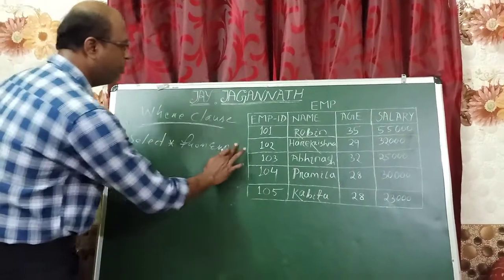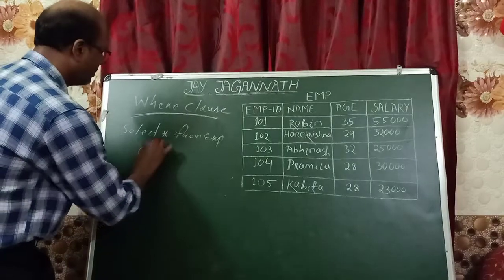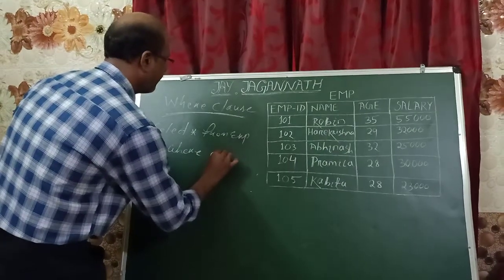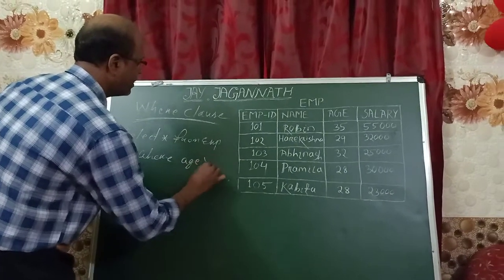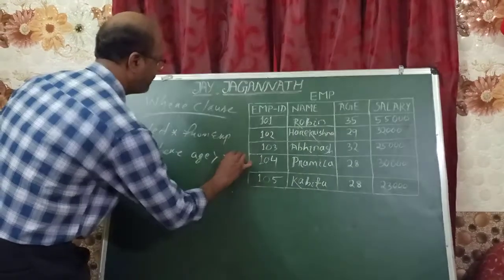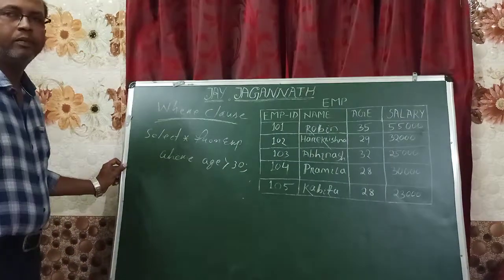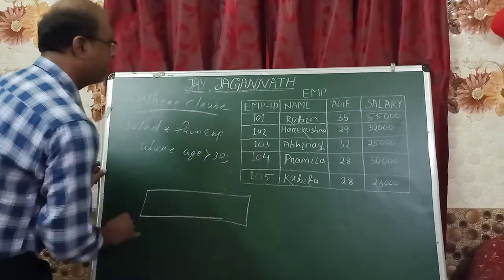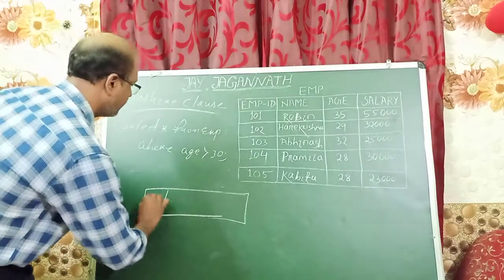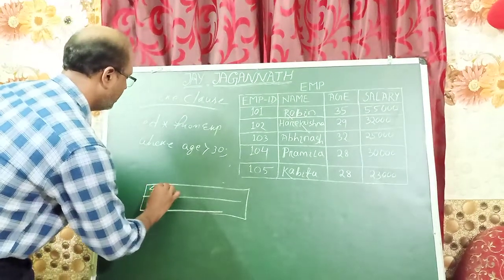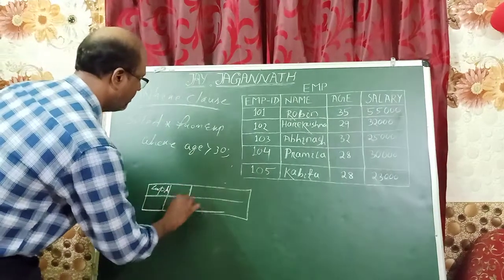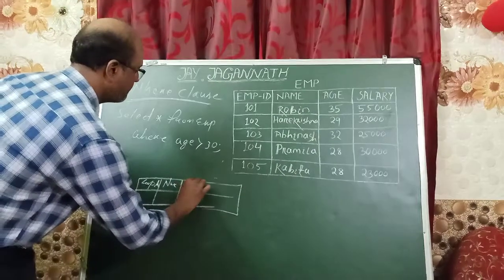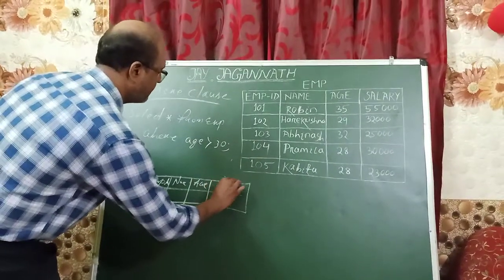But if you use the where clause here, where I can mention age greater than 30, what will happen? The result will be like this: EMP ID, name, age and salary.